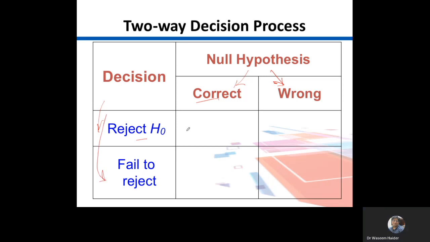So two possibilities on both sides, we get the 4 combinations. If we reject the null hypothesis, which was actually correct, we call it type 1 error or alpha. We also call it false positive. So if our alpha is 0.05, that is the probability of type 1 error. We have the probability of false positives equal to 5%. So if we do 100 tests, we can expect to have 5 tests as false positives.